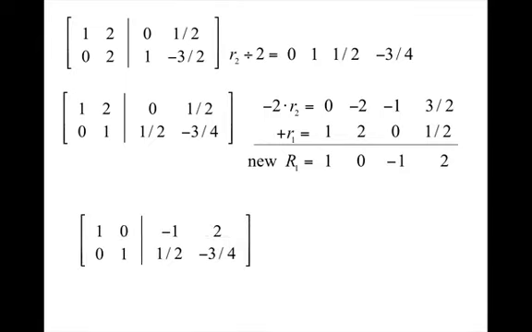So row 1 is 1, 0, negative 1, 2, and keep row 2 the same. Since my left-hand side is now the identity matrix, my right-hand side of the equal bar is the inverse. So my inverse is negative 1, 2, 1/2, negative 3/4.